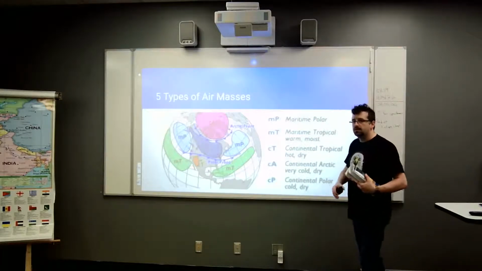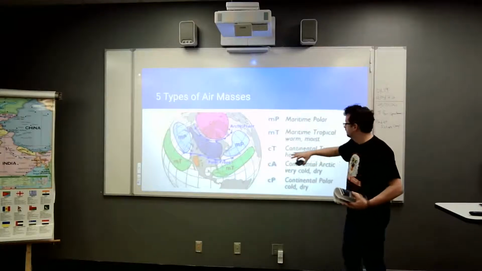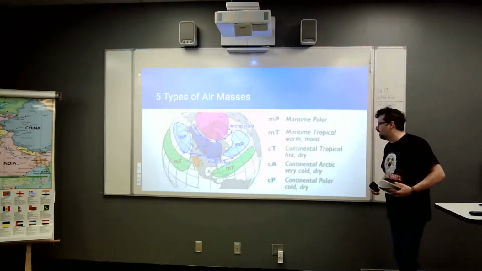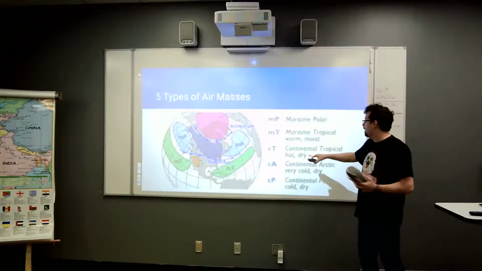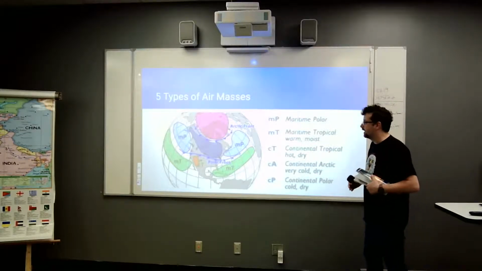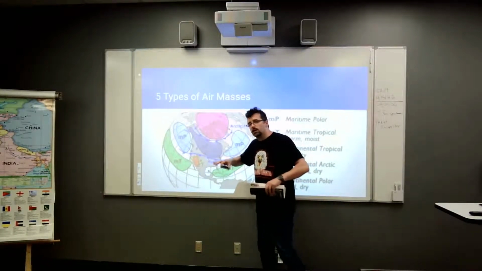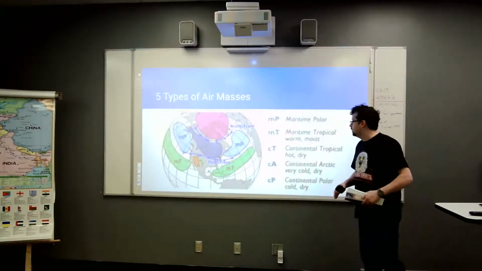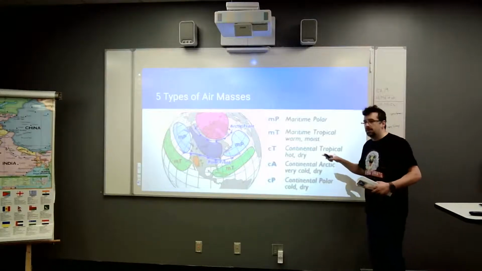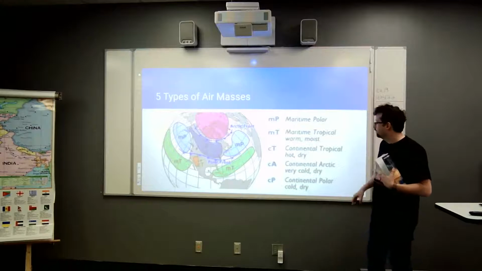And that happens in the tropical areas, the tropics, if you will. And then we have the continental tropical. So this tends to be in areas that are in lower latitudes, but over continents. And with tropical, you're mainly going to be talking about how warm something is.